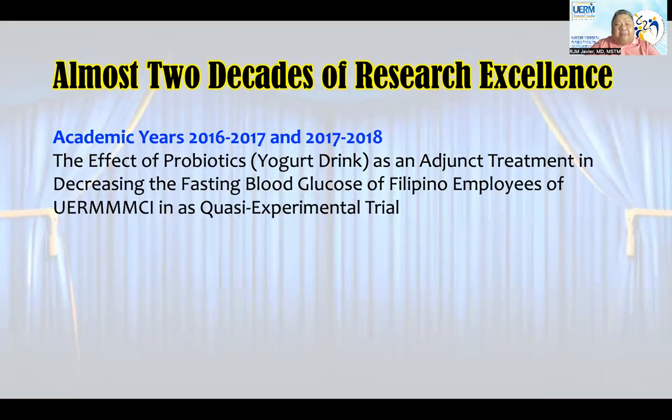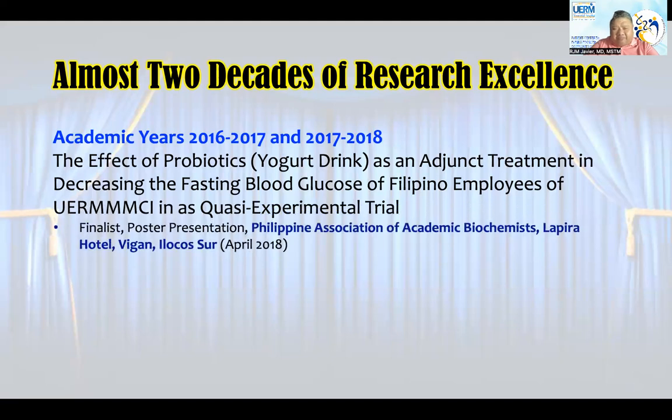Then this is another paper, the effects of probiotics as an adjunct treatment to decreasing the fasting blood glucose of Filipino employees of UERM in a quasi-experimental trial. This was also one of the poster presentation finalists, this time at the Philippine Association of Academic Biochemists.